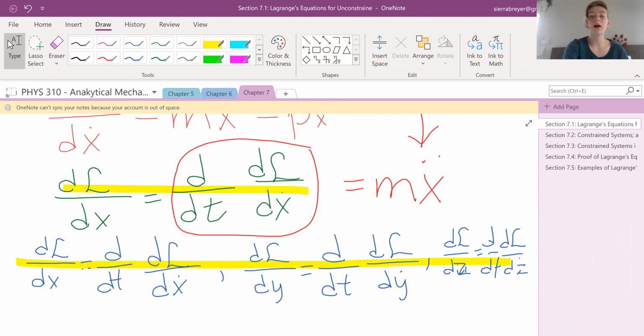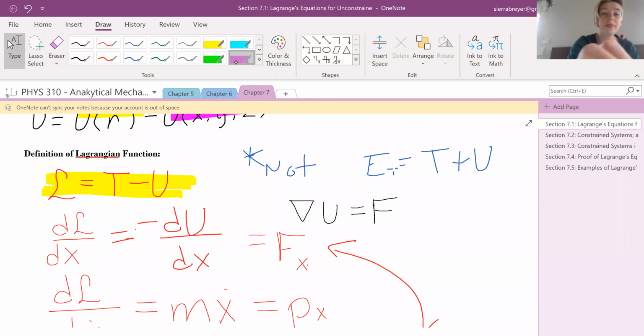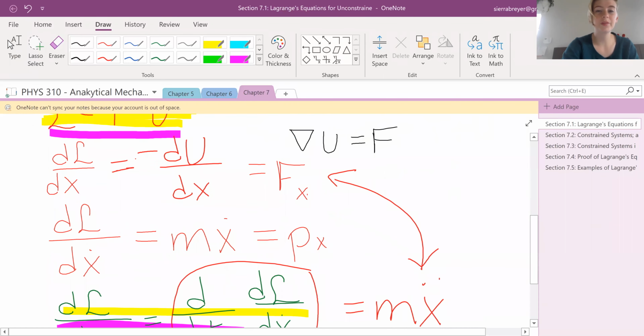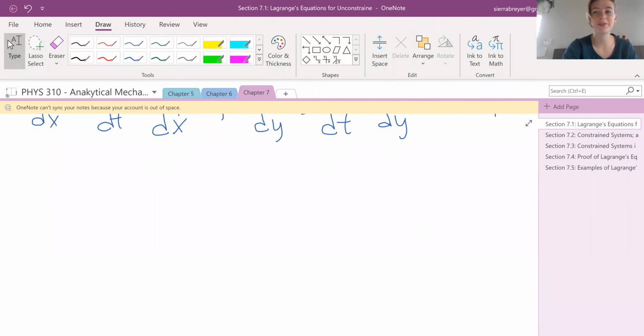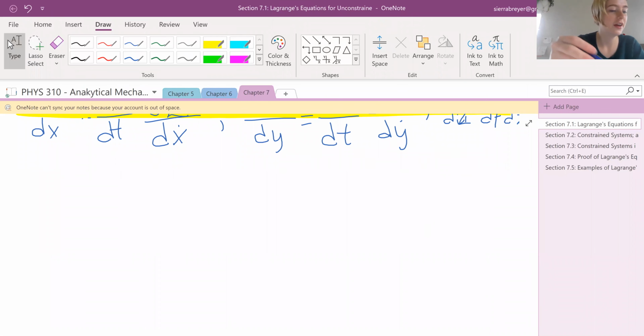So this is the Euler-Lagrange equation, and then this is just the Lagrangian function. It's also called Lagrangian. So they're very close, but they're somewhat different, and they rely on each other.